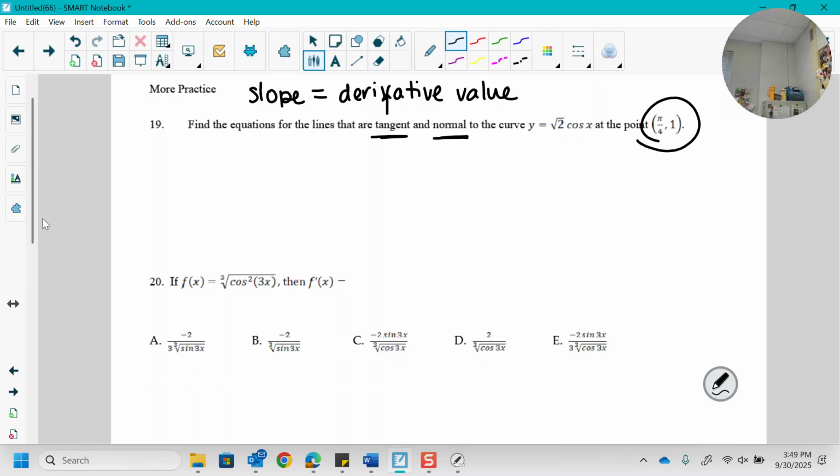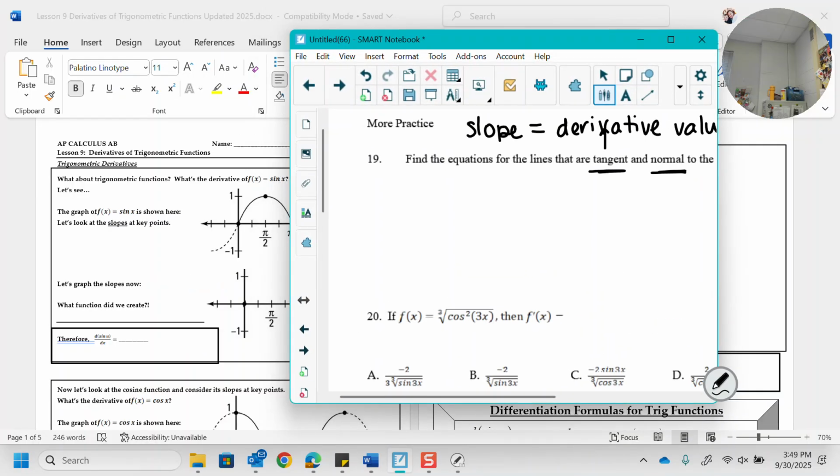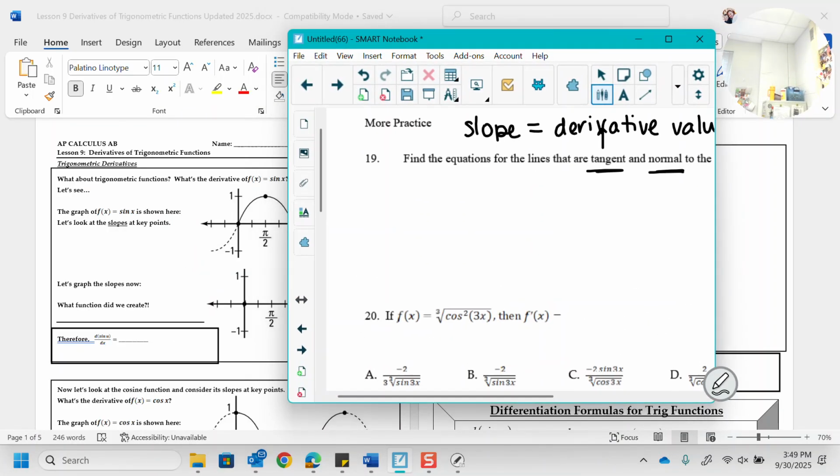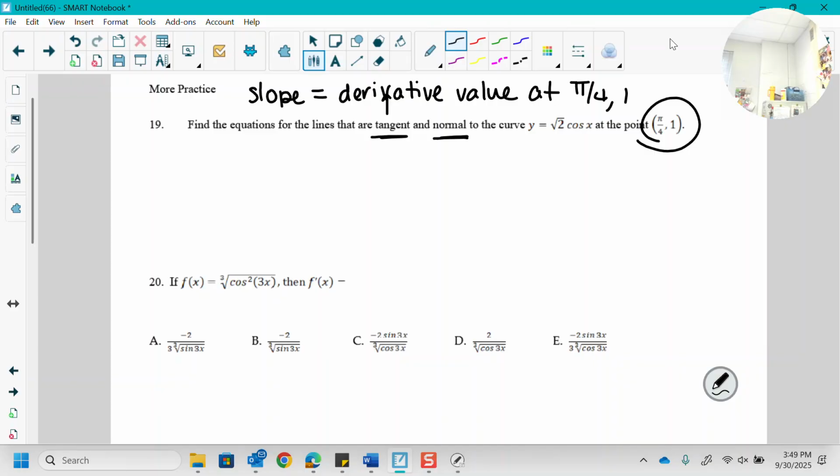My point is pi over 4, 1. So I want the derivative value at pi over 4, 1. But most derivatives, at least the ones we're working with, are only written in terms of x. So the 1 isn't really going to be super important for the derivative part. I keep doing that. Let's try that again. I'm going to put my ordered pair on there.